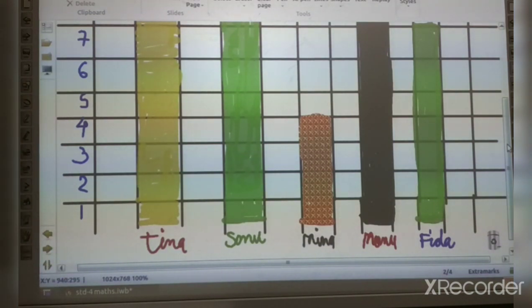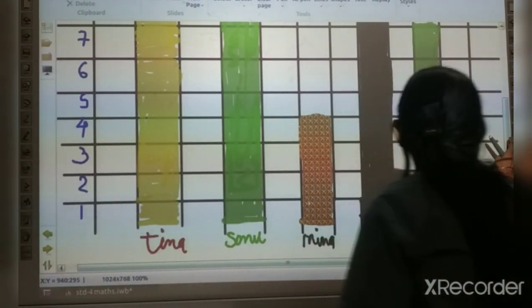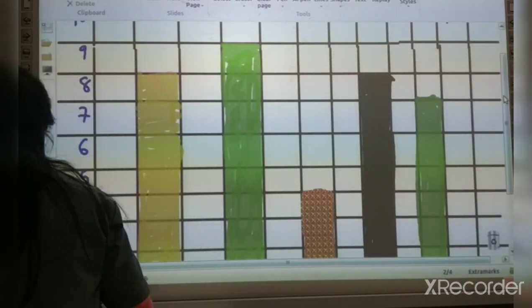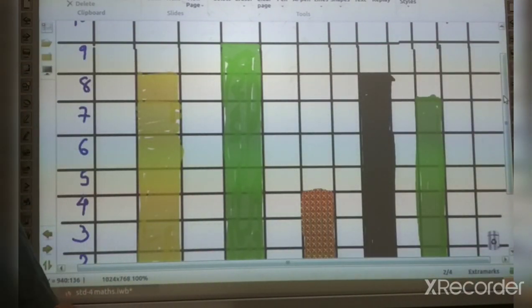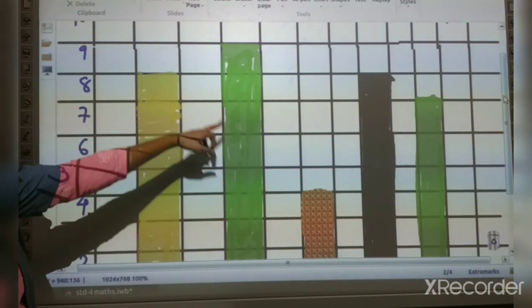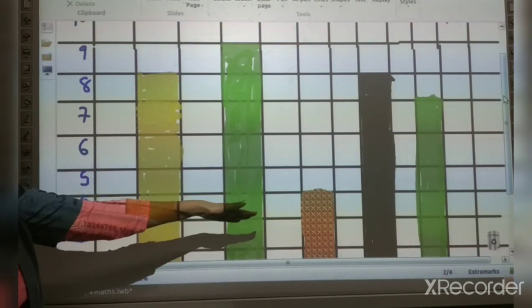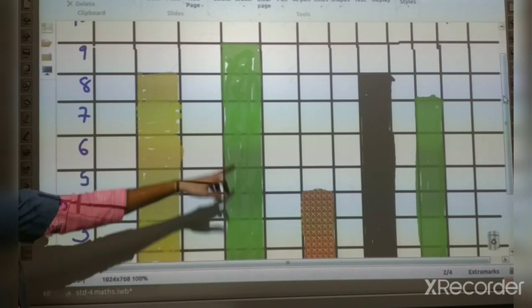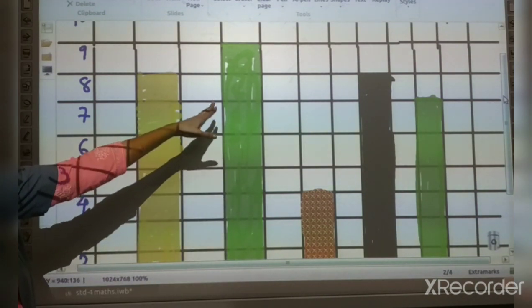Now ninth, how many more marks did Sonu get than Meena? Meena got 4 marks, the lowest, and Sonu got 9 marks.